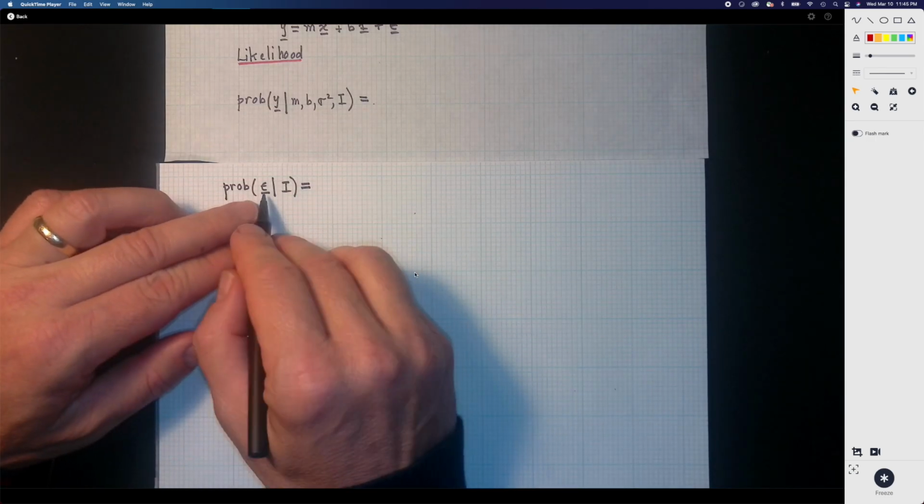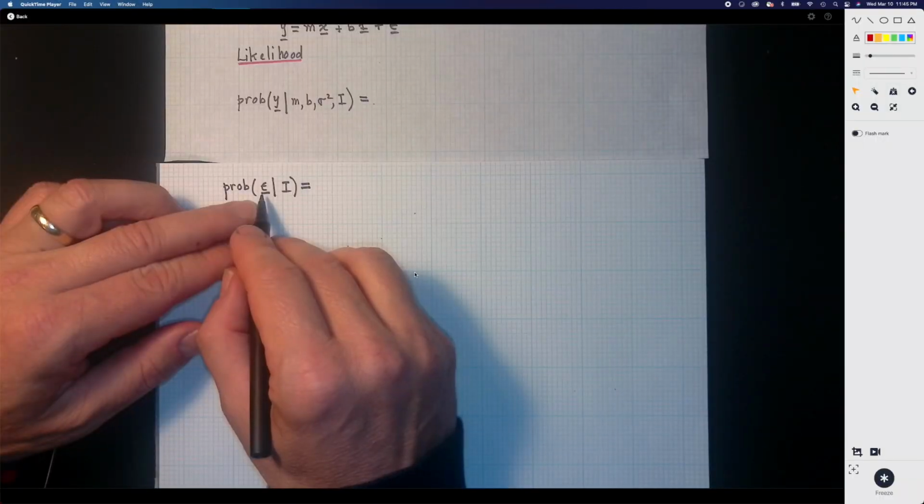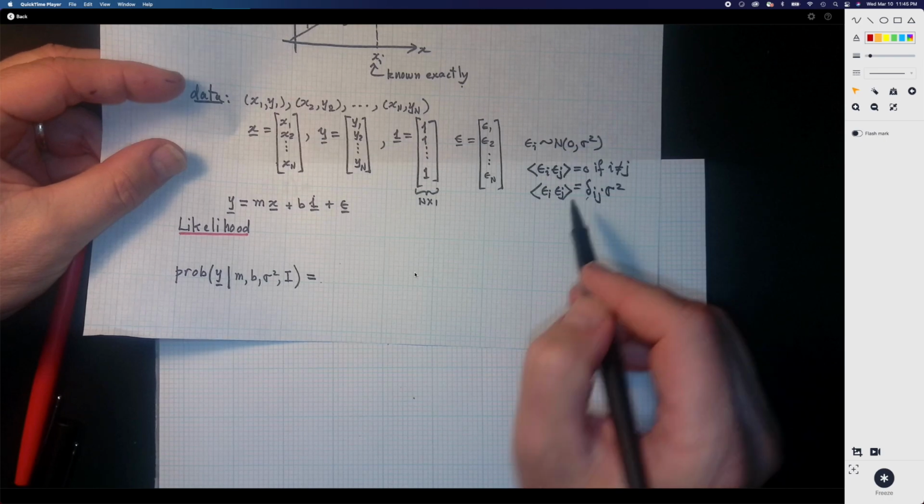We can either write this as a multivariate normal distribution with a covariance matrix given by this expression, or we can write it as the product of univariate normal distributions. So we'll first write it as the product of univariate distributions, because I think that's simpler, and then we'll write it also as a multivariate distribution with a special covariance matrix.